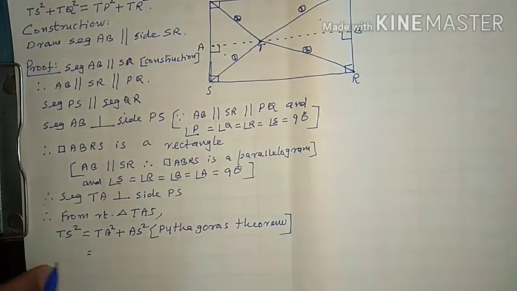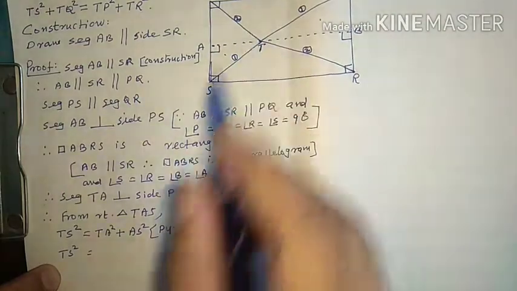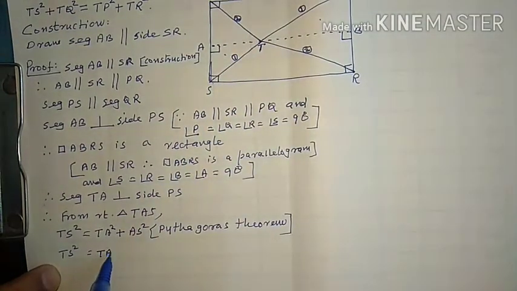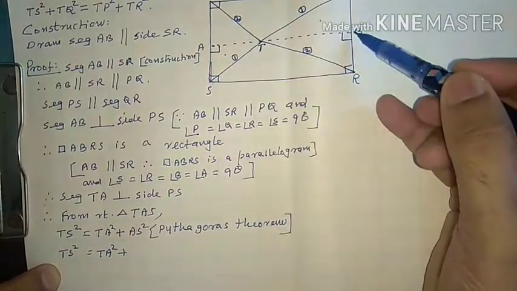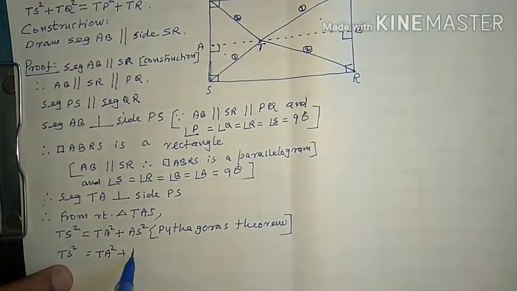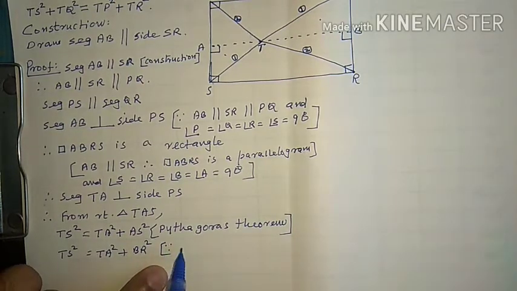Here TS square is equal to TA square plus, instead of AS we can put BR. What is the reason?